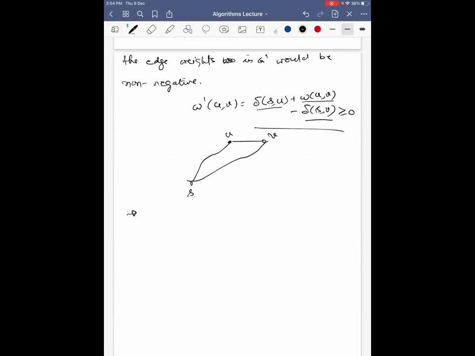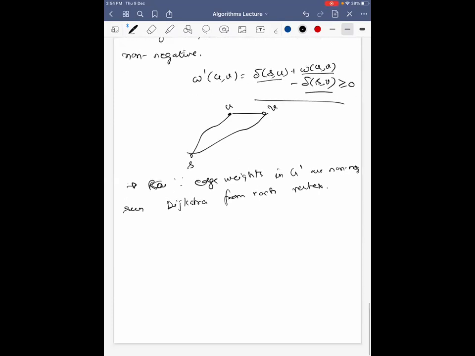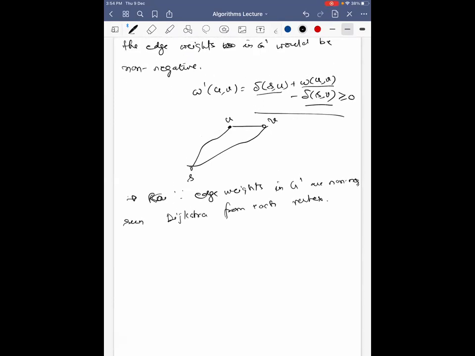Since the edge weights in G dash are non-negative, run Dijkstra from each vertex. So Dijkstra runs in E log V time and you are running V iterations. So that gives you a V E log V algorithm.